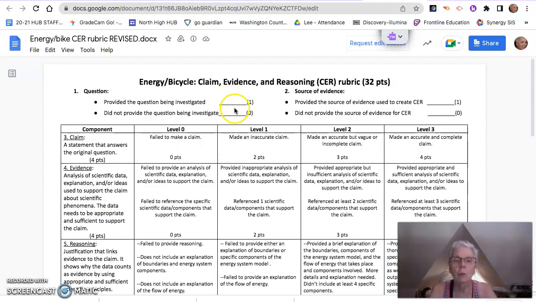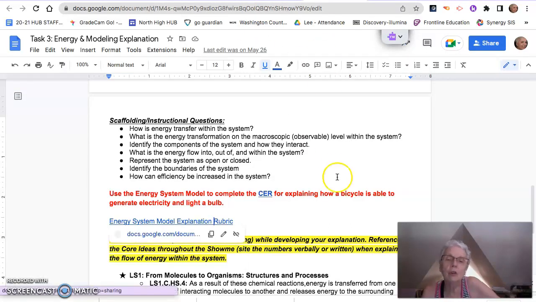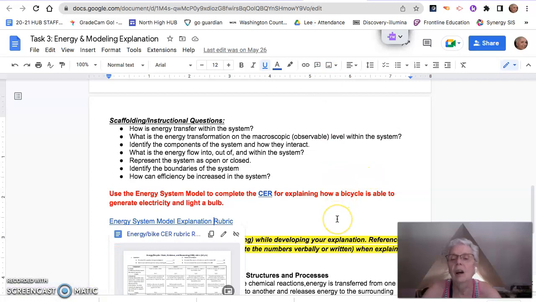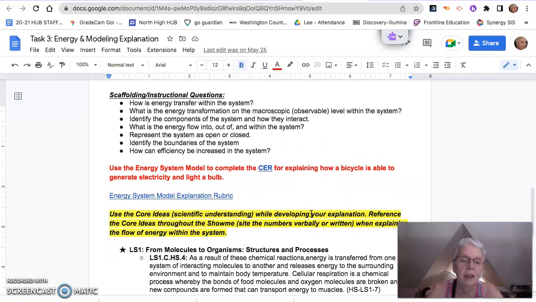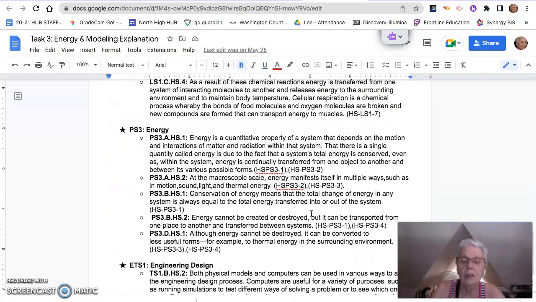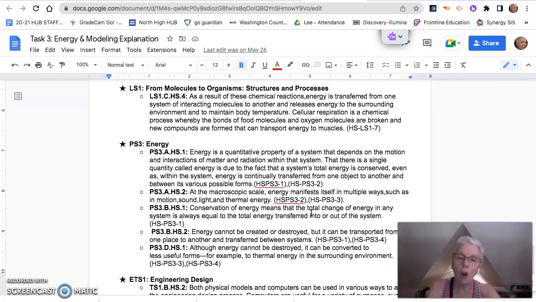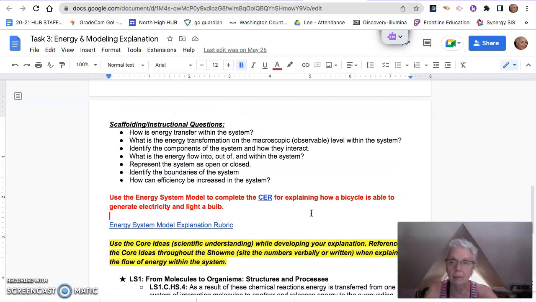You do get 1 point just for stating the question and 1 point for giving me your sources of information. You'll probably want to use the sources that you used for your research. Here are the core ideas you need to be able to talk about in your reasoning.